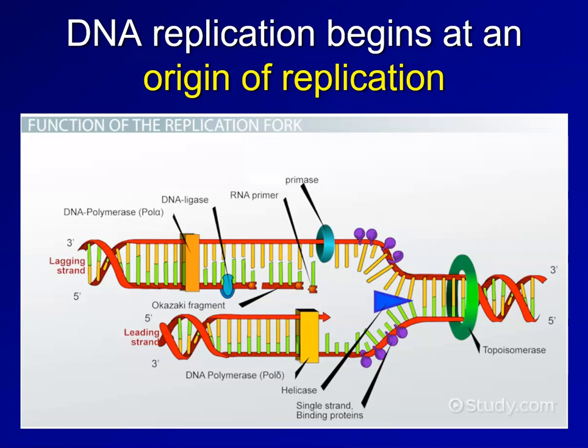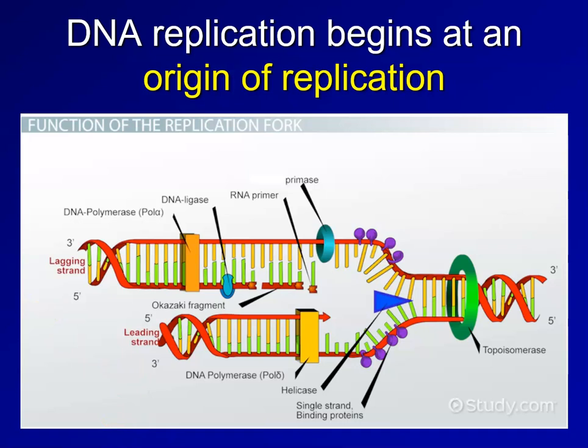So let's start with the key players that are involved in DNA replication. On this diagram are several enzymes that we're going to learn about today as we step through the process. And I want to start here with the ones that are involved in the very start of DNA replication, when the DNA double helix is still one double helical molecule with all of the parental strands connected using Chargaff's rule.